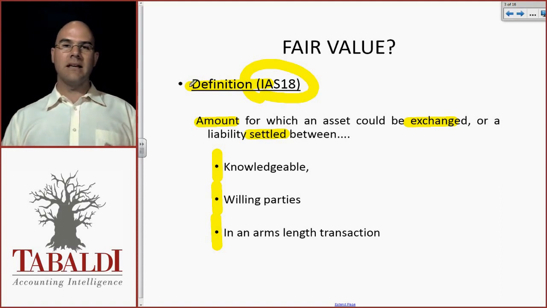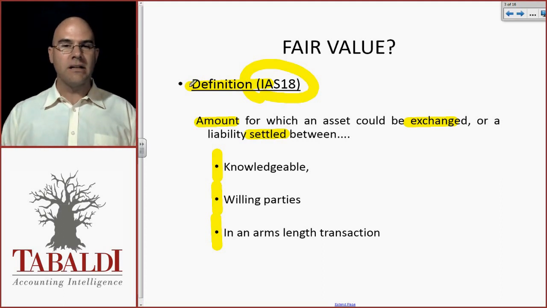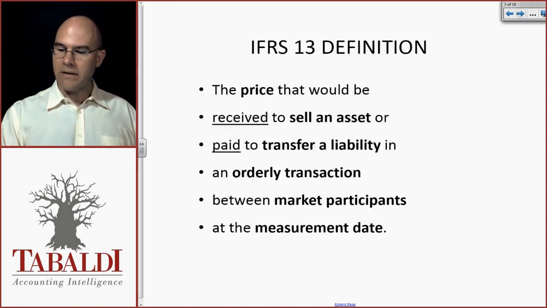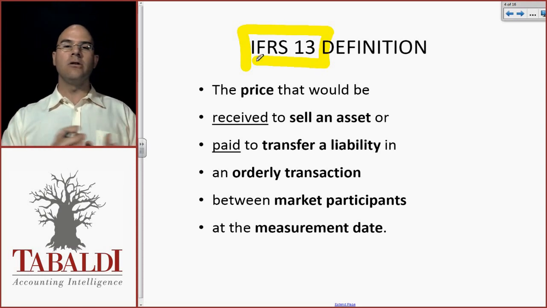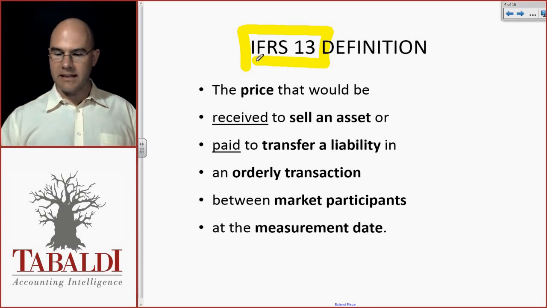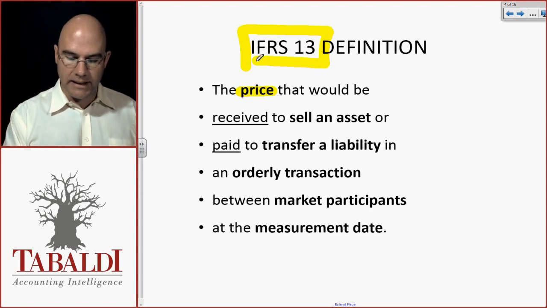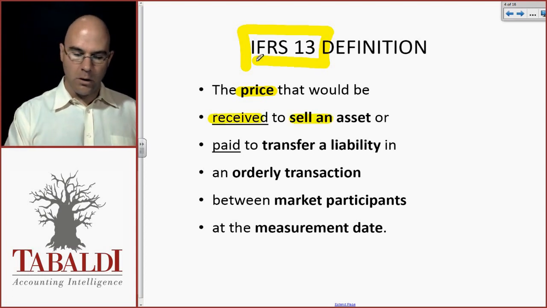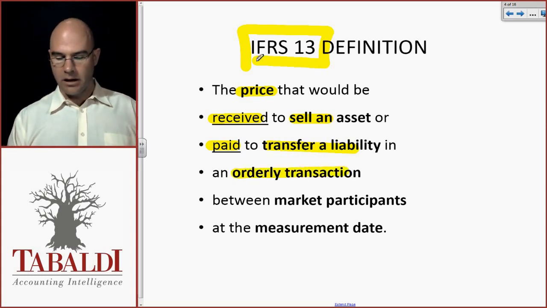Now, the problem there with fair values is that each of the individual accounting standards try to deal with fair values independently. Recently, from this year, 2013, we have a new standard called IFRS 13 that deals with fair values across the board. So this is actually the overriding definition. The IFRS 13 definition is: fair value is the price that would be received to sell an asset, or paid to transfer a liability, in an orderly transaction between market participants at the measurement date.